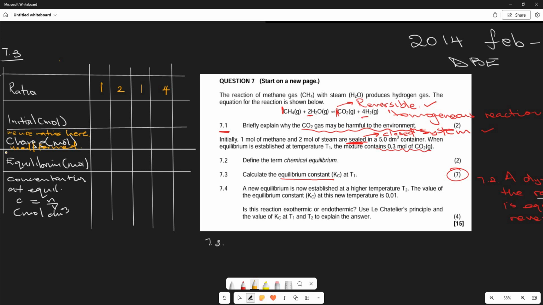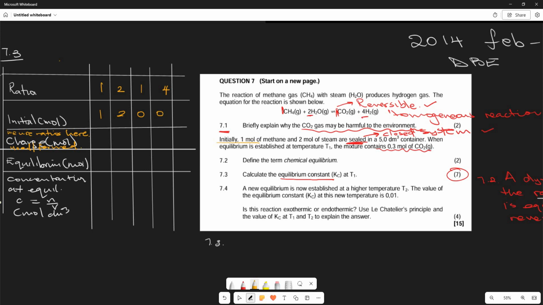All right, so initially, what are they saying? There is 1 mole of methane. Remember, I said my table will be in terms of moles, and there are 2 moles of water, or the steam. And initially, products are not yet formed.